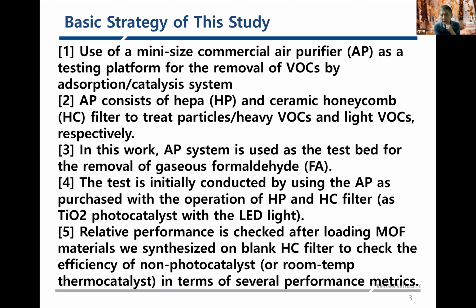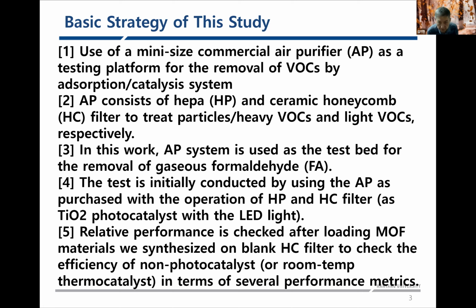As I said, the modification is made using the MOF materials we synthesize in our lab, using a blank honeycomb filter as well as a HEPA filter. Our main goal is to make a better honeycomb filter, but for the purpose of testing, we also put this MOF material on the HEPA filter, although that's not the critical part.